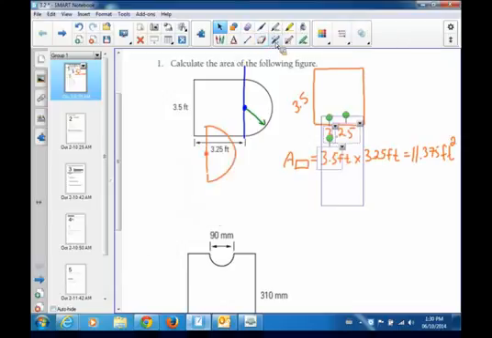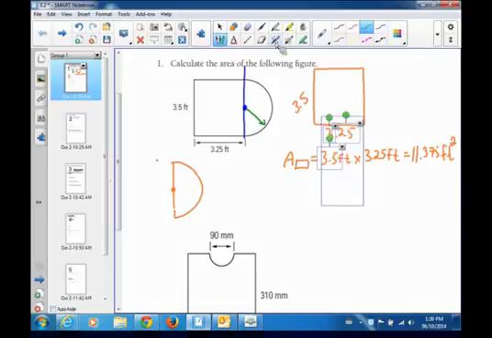So this half circle I'm just taking out of the diagram. Now if I move this half circle over here, what is the length of the flat side of the half circle? So that's 3.5. So I'm going to draw it a different way. This is 3.5 feet, according to the diagram. You're with me too? Okay.